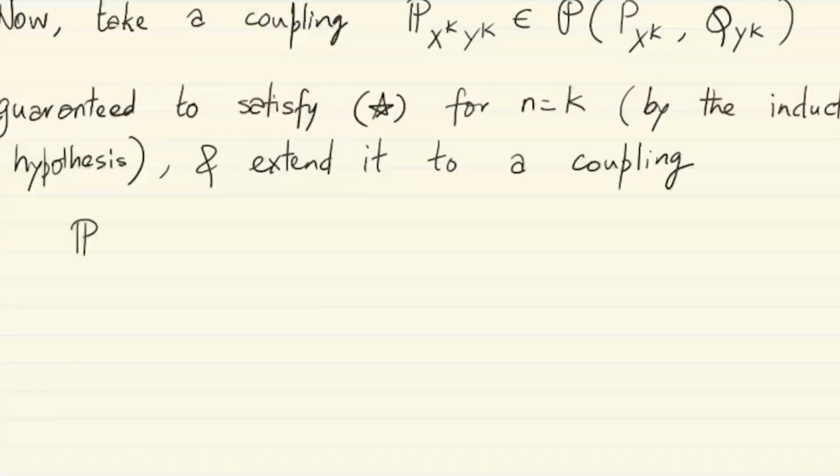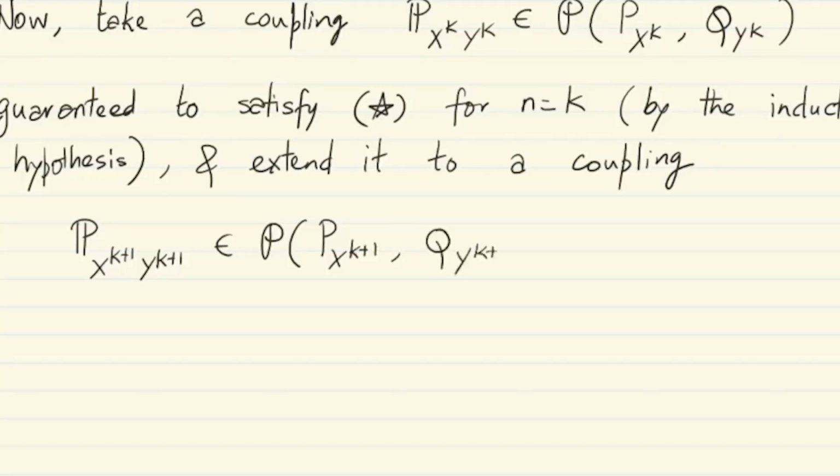Let us call the new coupling P_xk plus 1, yk plus 1, coupling these two sequences with one extra element each, which we will insist couples P_xk plus 1 and Q_yk plus 1. It's defined in the usual manner.